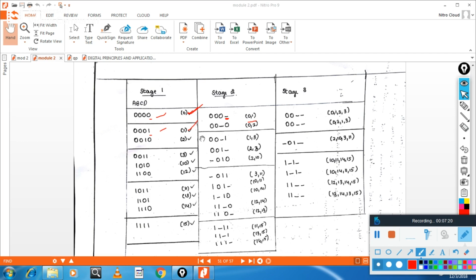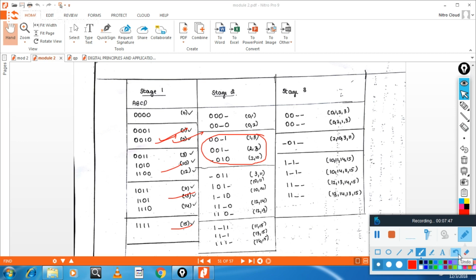Like this you compare. Now you compare this one with this one, and you write all the comparisons in this group. Try to see whether you can compare this one with this one.